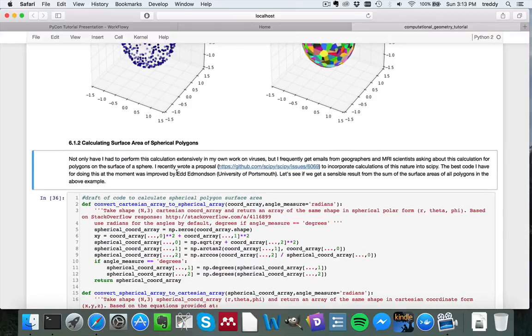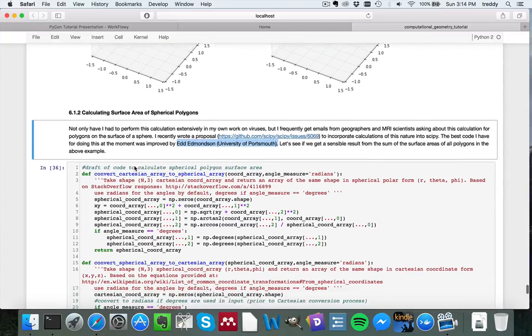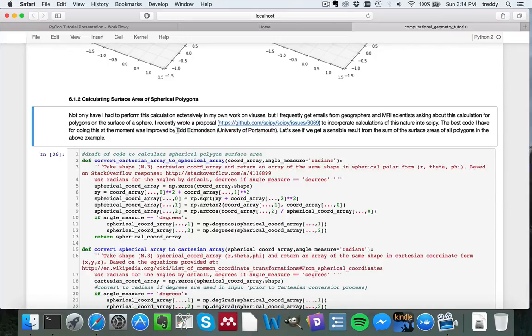The code I've used for this is not available in any mainstream library yet. I've opened an issue to integrate it into scipy.spatial eventually, but I think this is a more long-term concept because there are still some issues to iron out.